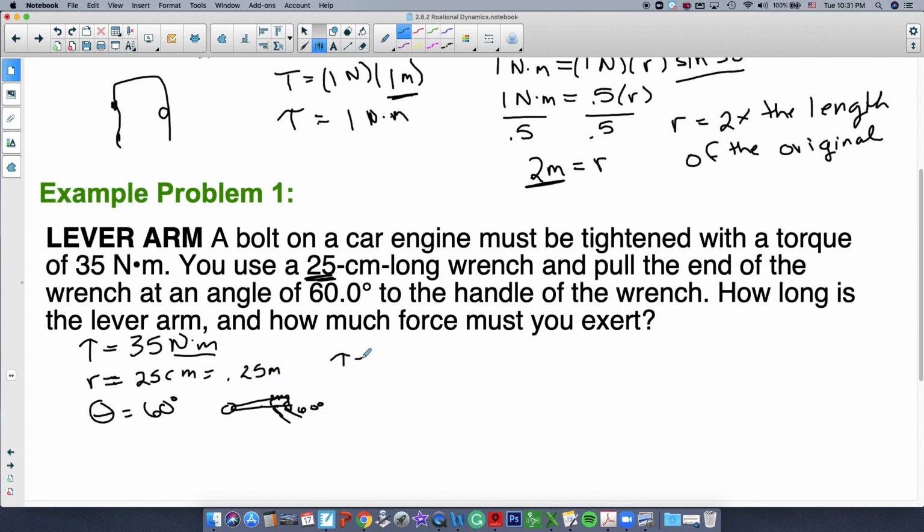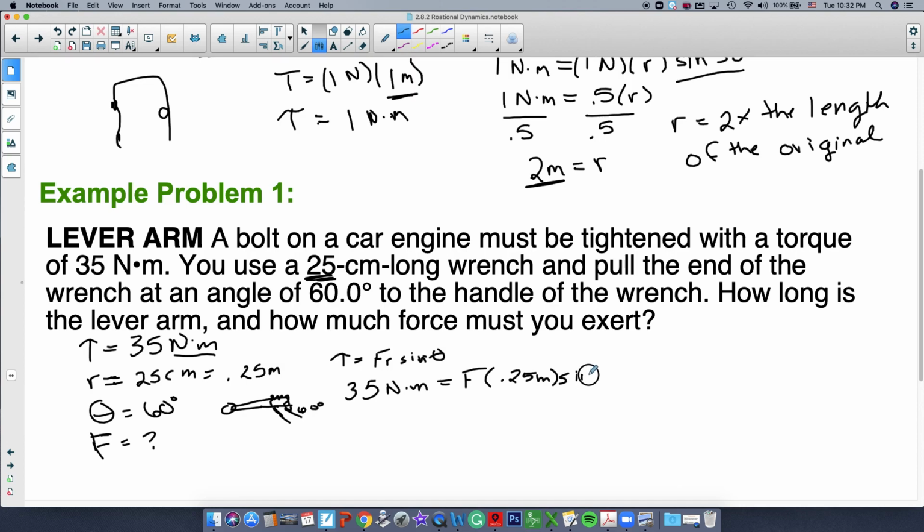So let's solve this one. Torque equals F R sine theta. So my torque is 35 Newton meters. And our force, we don't know, so we're looking to find. All right, so we can write that over here if we wanted to. Force is question mark. Okay, so radius 0.25 meters.